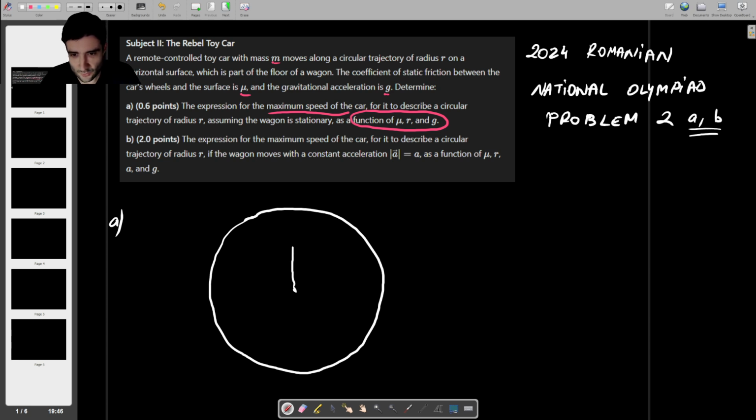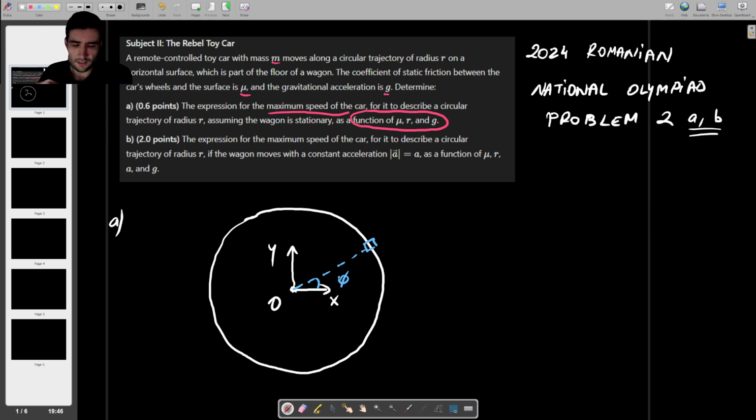Okay, so we've got the center of the circle here, and it's got the x and y axis, which we're going to put in the center, and the car is going to move around the circumference. So at some point the car is here, and let's say that it's describing an angle phi with the x-axis.